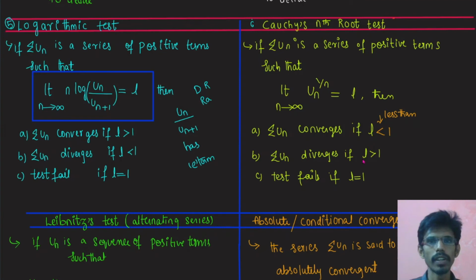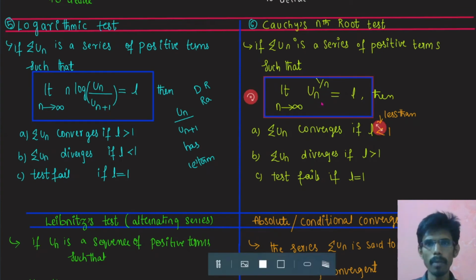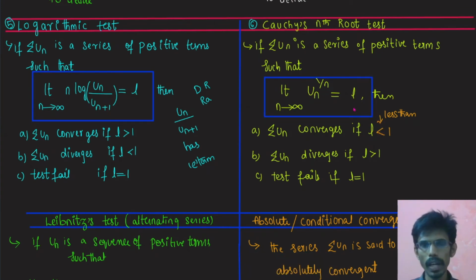Now next we have the sixth test, that is Cauchy's nth root test. If sigma un is a series of positive terms such that limit n tends to infinity, un power 1 by n equals L. Here the un must contain nth power.